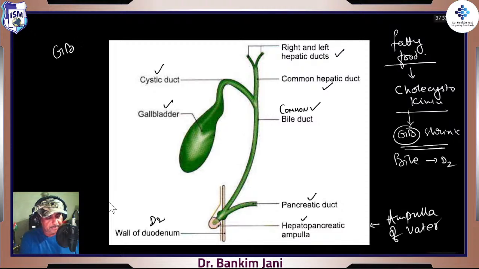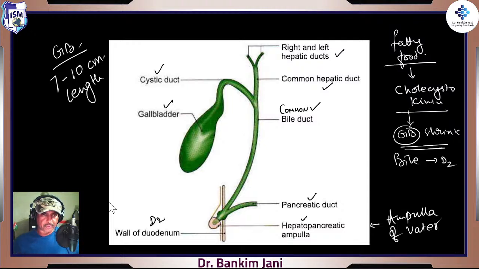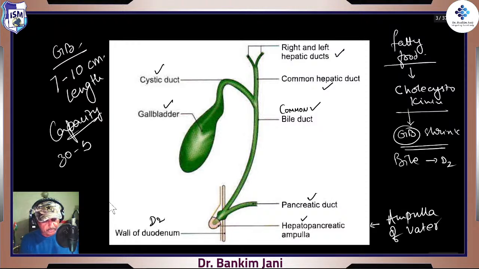Just for the theory purpose, the size of the gallbladder is about 7 to 10 centimeters in length, about 3 to 4 inches. And its capacity to store varies, but roughly it is about 30 to 50 ml.